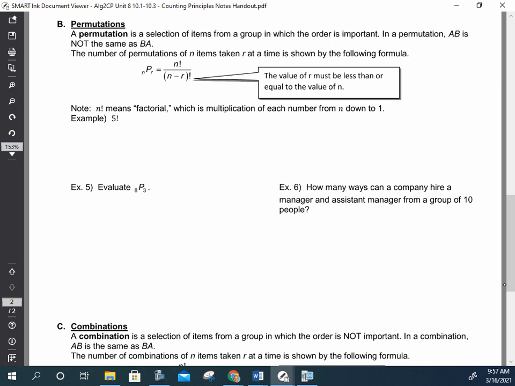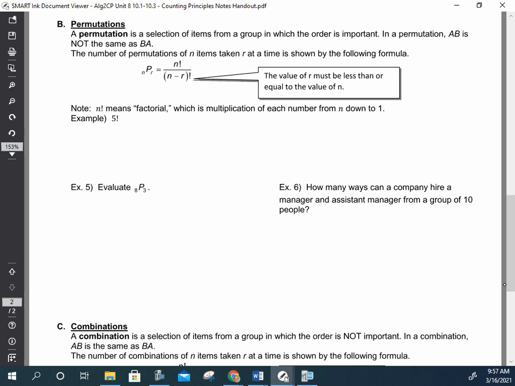All right. So there are 2 other types of ways to count. The first page was all just basic fundamental counting. There are 2 other types of counting that get more specific. When you're picking an outfit, that's not all that specific.